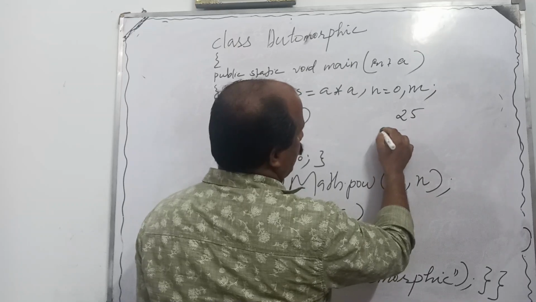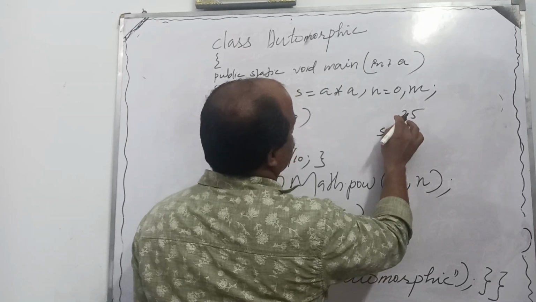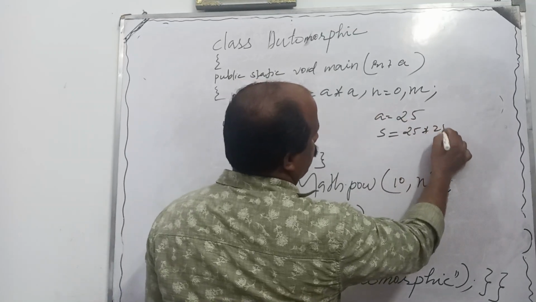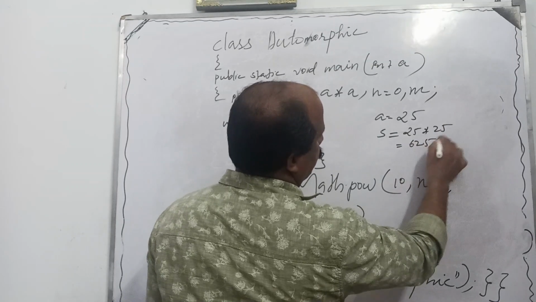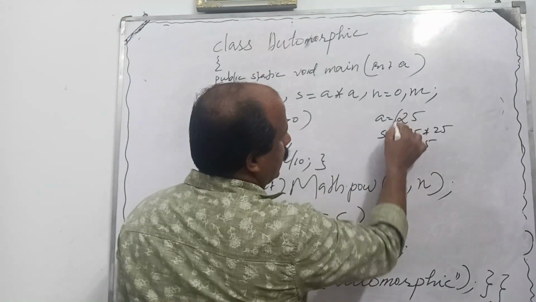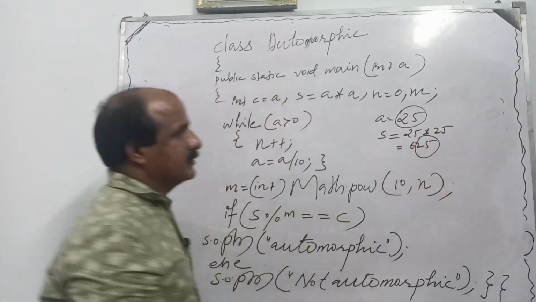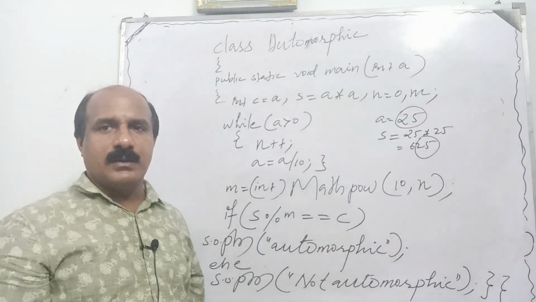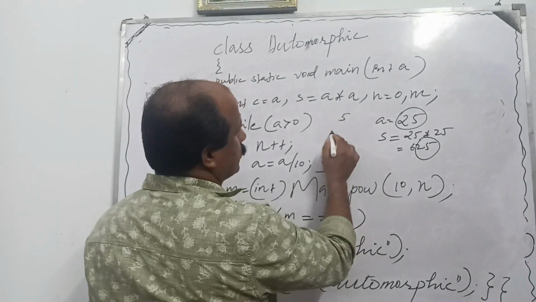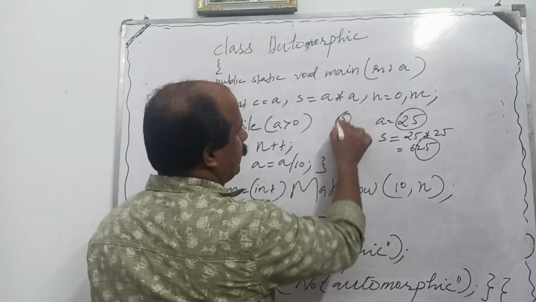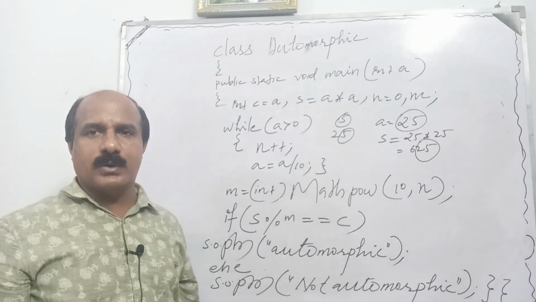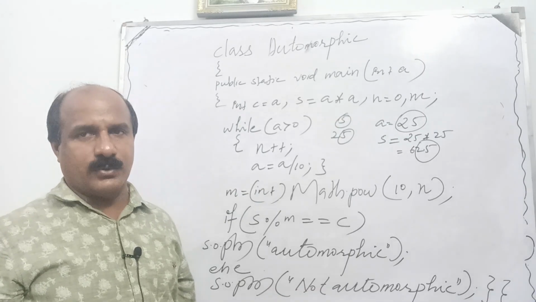This is your original number A, and its square is 25 into 25, that will be 625. Now in 625, 25 is present as the last digits. That type of number is called an automorphic number. Another example is 5 itself. Its square is 25, and 5 is present in its square as the last digit, so these types of numbers are called automorphic numbers.